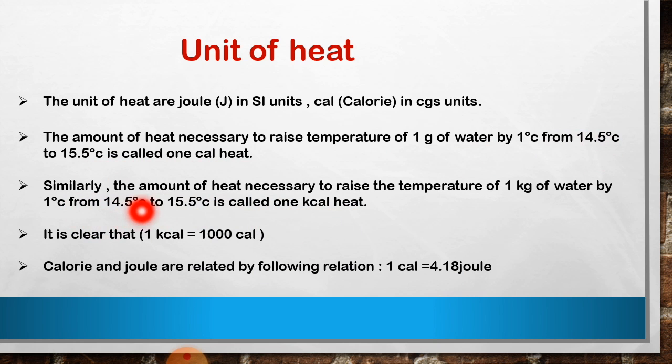The amount of heat necessary to raise the temperature of 1 kg of water by 1 degree Celsius from 14.5 degree Celsius to 15.5 degree Celsius is called 1 kilocalorie heat. So here 1 gram is taken, here 1 kg is taken. That's why 1 calorie and 1 kilocalorie. From this it is clear that 1 kilocalorie is equal to 1000 calorie.